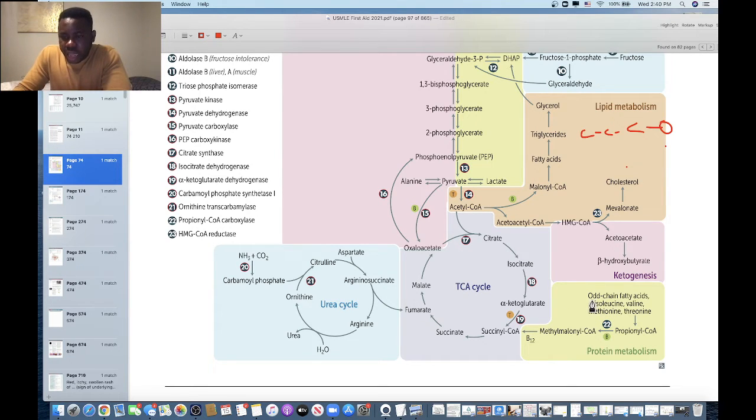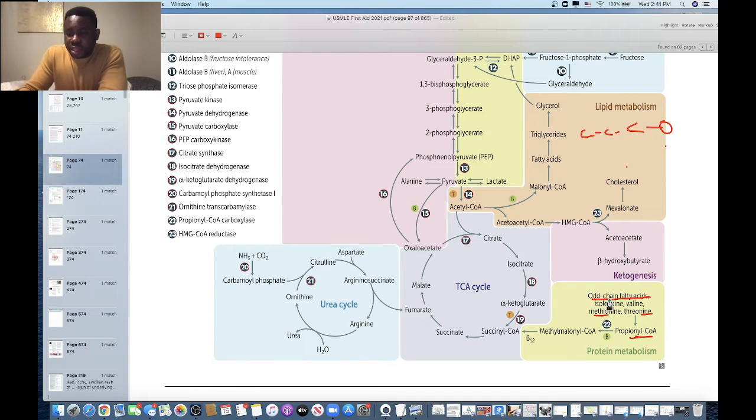So this is what they are talking about in organic acidemias. Odd chain fatty acids are converted into propionyl CoA, and valine, isoleucine, methionine and threonine are also all converted into propionyl CoA, so that they can go into the TCA cycle and be used to make energy.